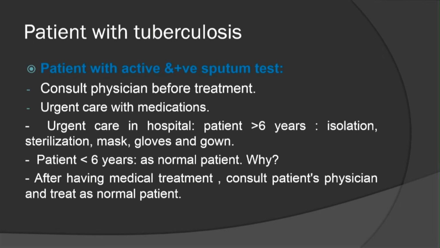Why? Because in patients less than 6 years, the possibility of expelling sputum is very low, because usually the patient swallows the sputum, so there is no possibility of transmission of the disease. After having medical treatment for 4 months or for 2 months, we have to consult the patient's physician for evaluation, and we can treat the patient as normal.